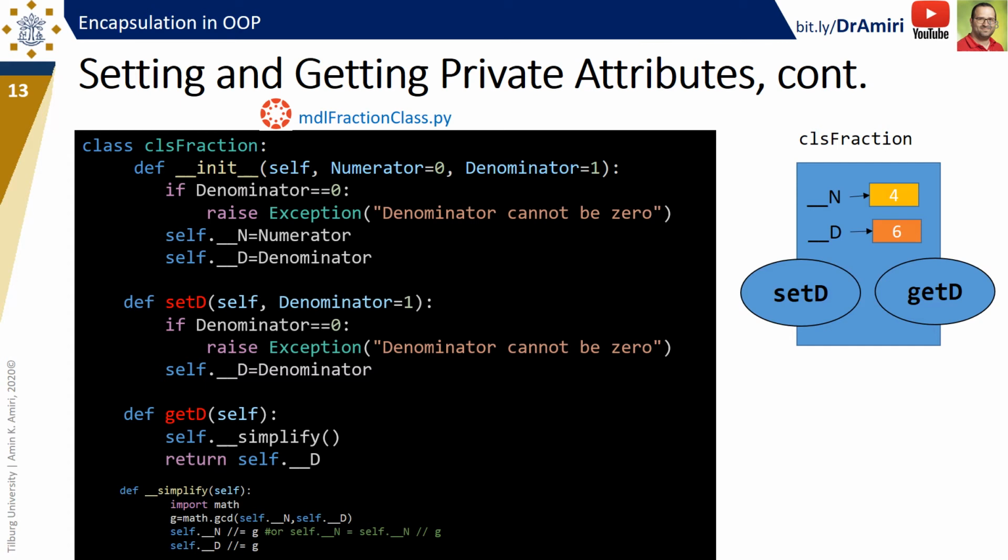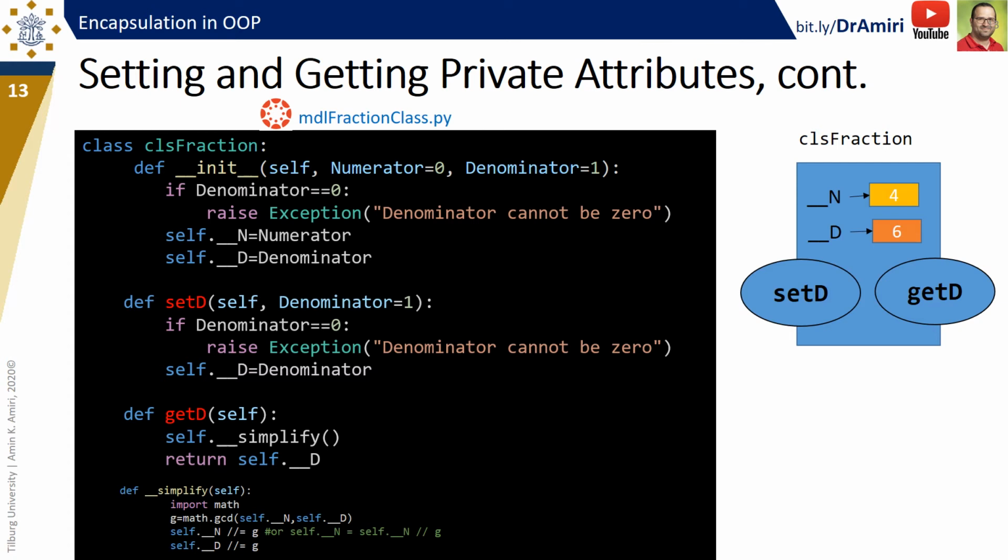I have created a setter method. I called it setD. As you can see, again, if the denominator is 0, I'm going to raise an exception. If it's not 0, I'm going to set private D to the given denominator.